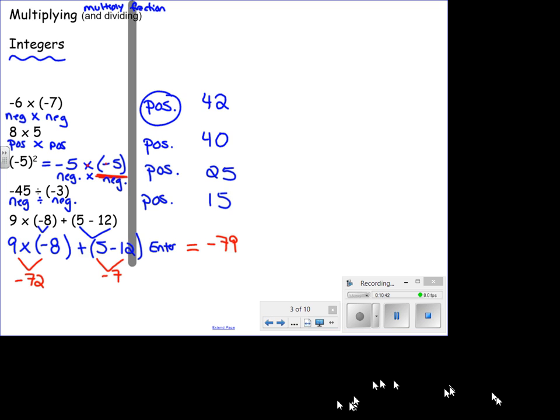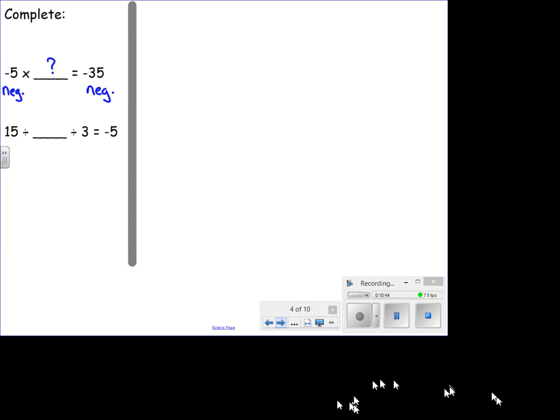So what's going to happen now, if I have a negative and I want to get a negative as an answer, I definitely can't have a negative in this spot right here, right? Because two negatives would make a positive. So what I'm going to wind up having to do is multiply by a positive number in order to keep the negative so that they don't cancel each other out, okay?